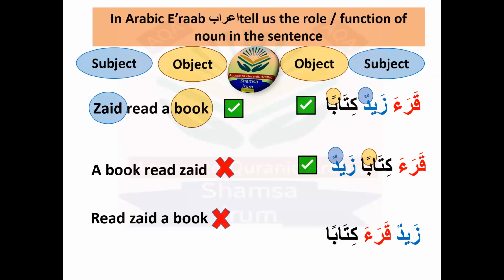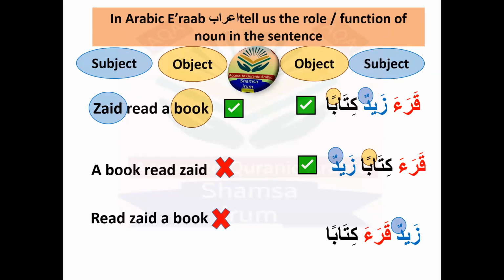Does it give the same meaning or not, or does it give a very strange meaning? Let's see. So what we have to do, we have to check the haraka of the last letter. Zaidun is marfu, because the case ending of the Zaidun is marfu, so it means it will act here as a subject. It will not change if it is finished on the dhamma.